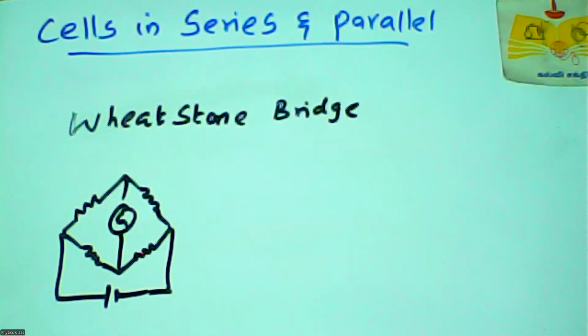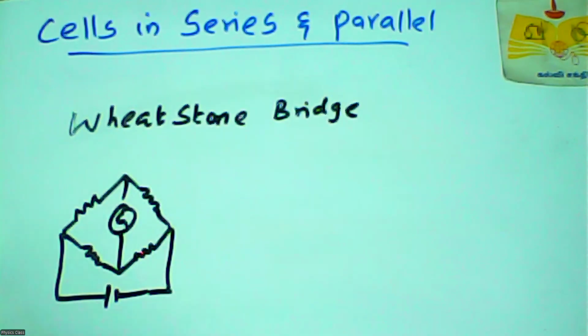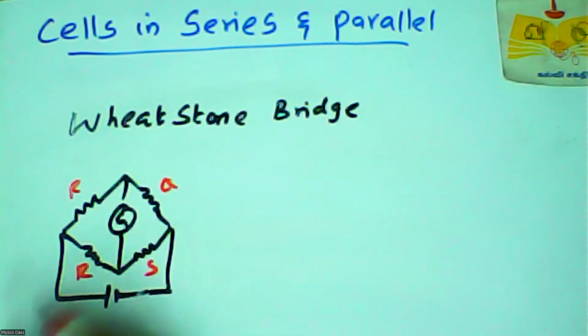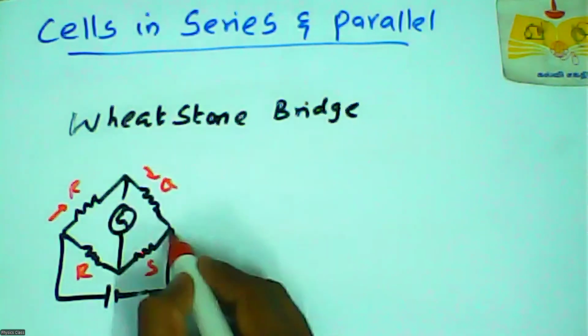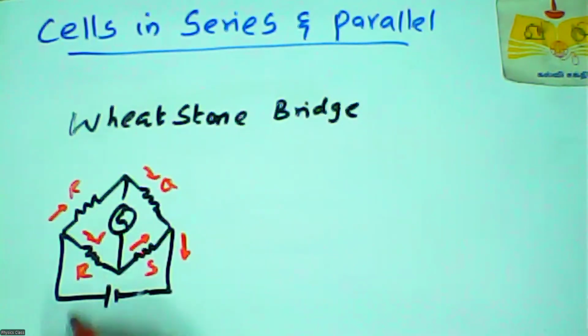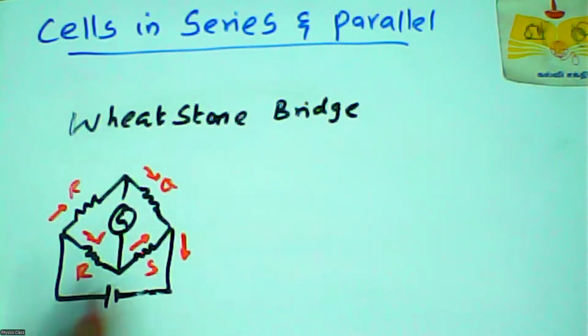It has four resistances, which we can label P, Q, R, S. The current goes in this direction, so I1, I2, I4, like that, because the resistances have different values. So it has four resistances in a quadrilateral arrangement.